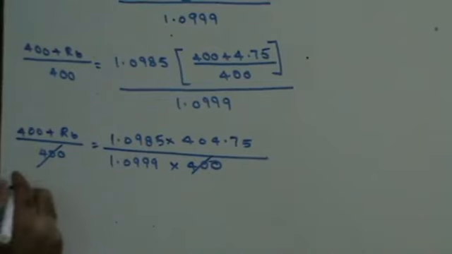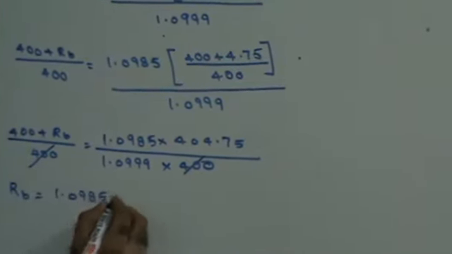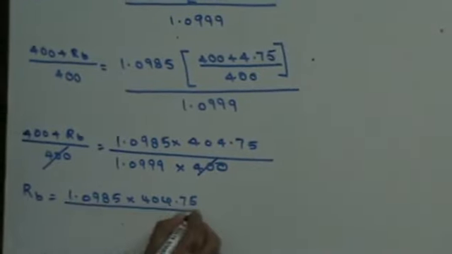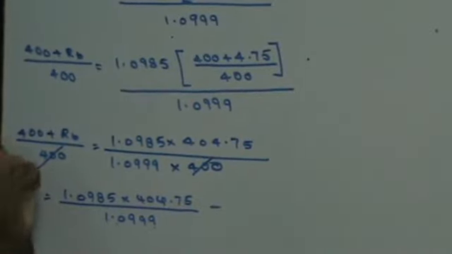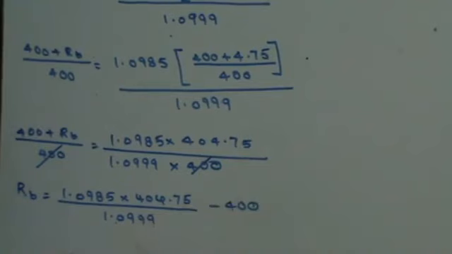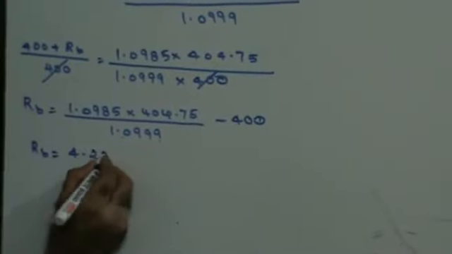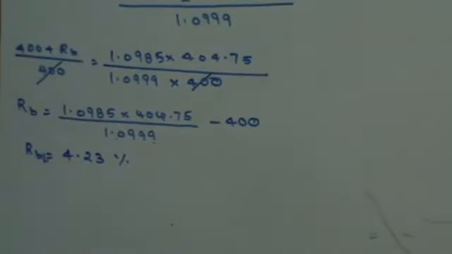So you will get rate of interest in base currency is 1.0985 into 404.75 upon 1.0999, minus 400, since 400 goes on the other side. Now when you solve this, you will get RB, rate of interest in base currency, as 4.23%. So my lending rate of interest in base currency is 4.23%.